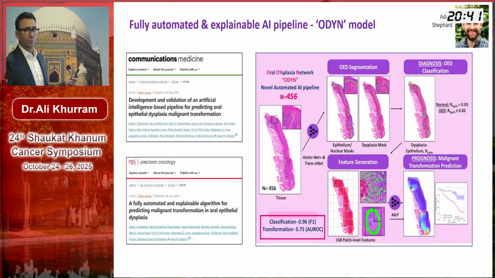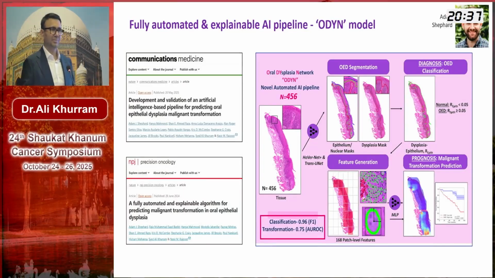And then all of these models that we've been building all this time, we just thought, okay, now is the time to actually bring all of this together. And again, this was work funded by Cancer Research UK. We worked in collaboration with colleagues in Warwick, and we came up with this automated AI pipeline, which we call ODIN, which is Oral Dysplasia Network. And it does a similar thing. This is a much bigger cohort, 456 cases from 4 different centers.